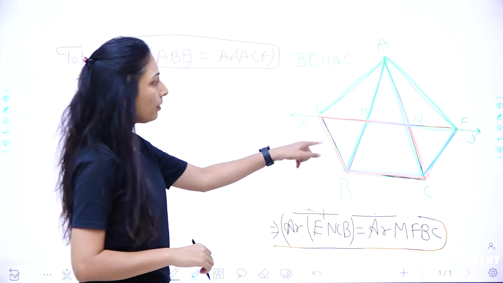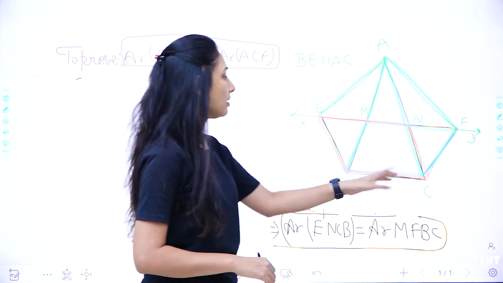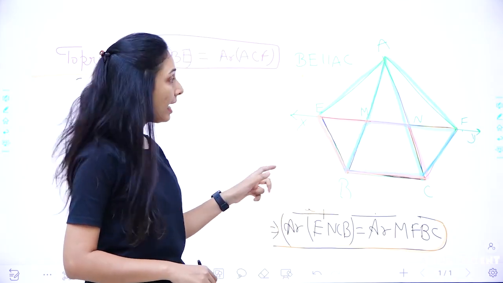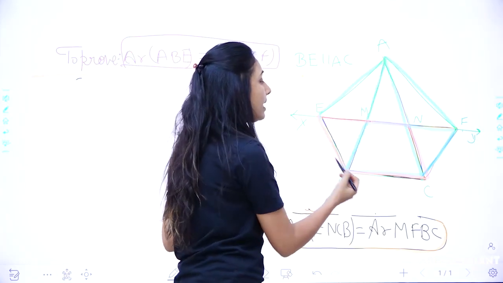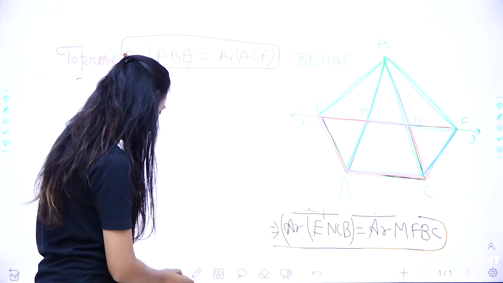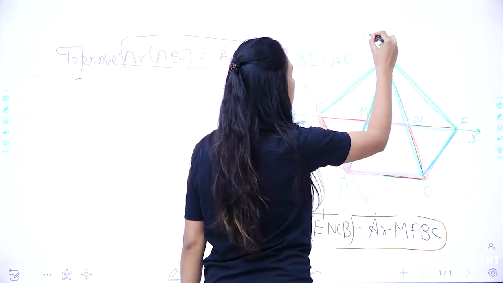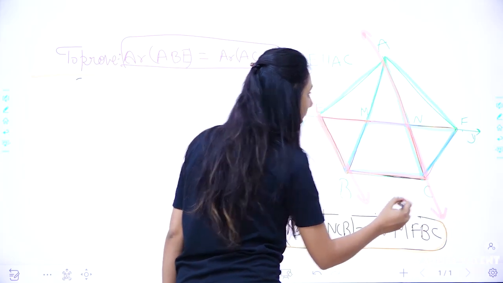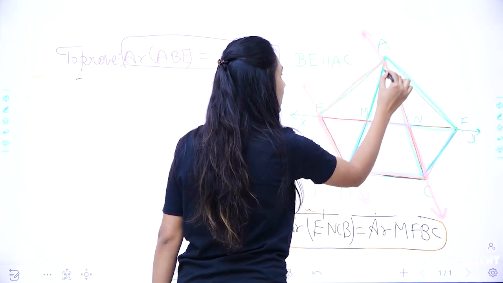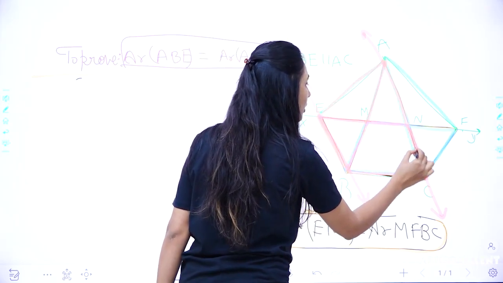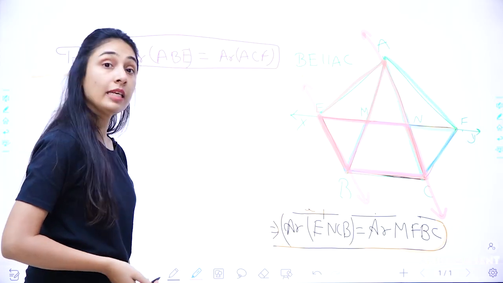So this parallelogram EB and C is having the base EB, and this triangle EAB is also having the same base. So I am having these two parallels, and between these two parallels I am having this parallelogram and this triangle on the same base EB, and between the same parallels AC and EB.